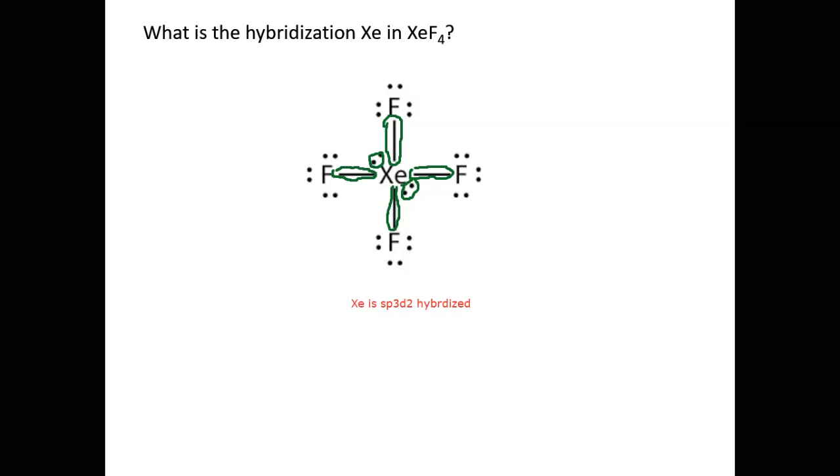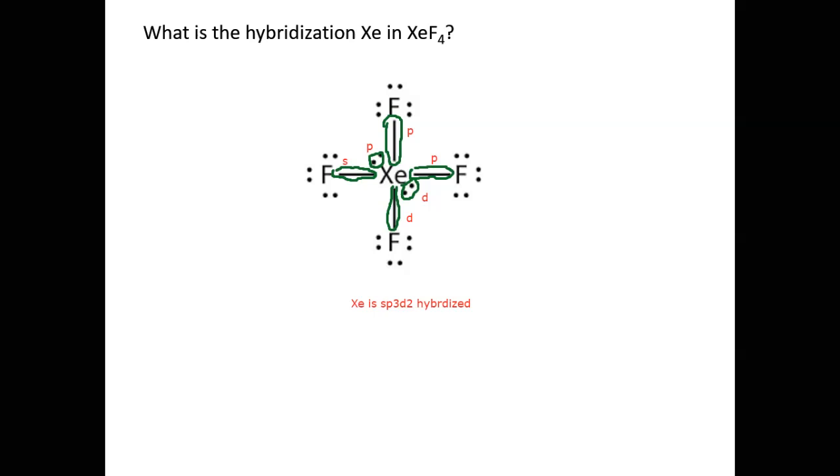If we use our little shortcut, we could go S, P, P, P, D. This is the shortcut if you can't remember electron pairs with the hybridization. So this is sp3d2 hybridized, and xenon is octahedral electronic geometry.